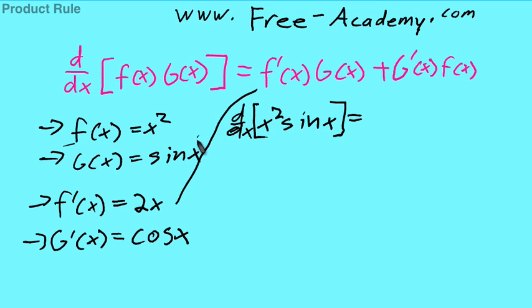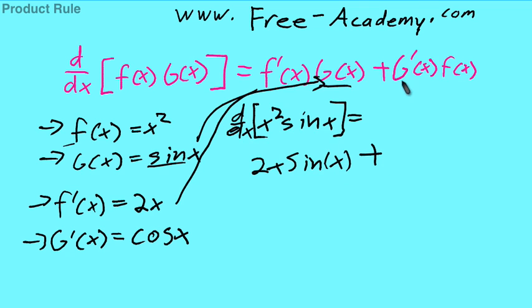That goes there, that goes there, and I won't draw the other two lines because they'll just get a little bit messy. But our f prime of x is 2x, our g of x is sine of x, and then we'll add it to g prime of x, which is cosine of x, multiplied by our original f of x.